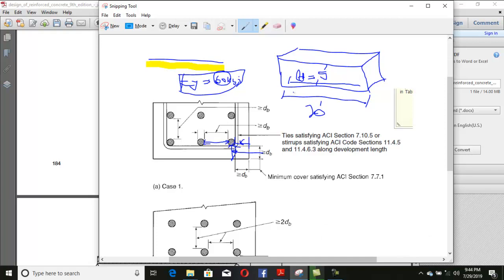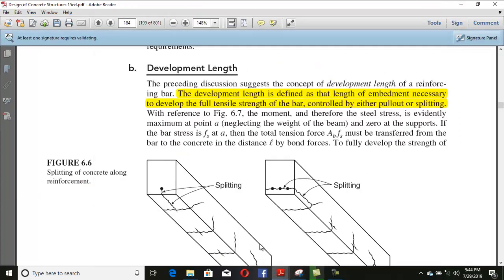So you see that this is a kind of definition. If we come to Nelson's book, you will see the definition of development length. The preceding discussion suggests the concept of development length.